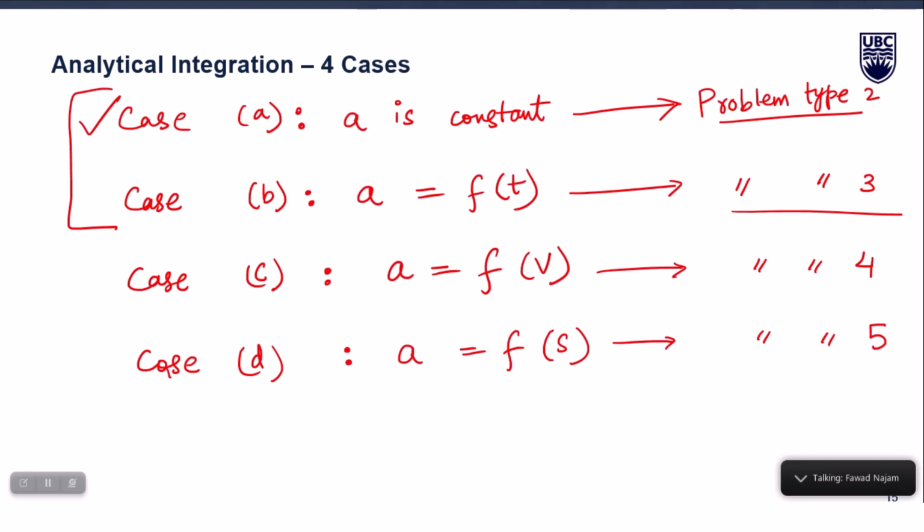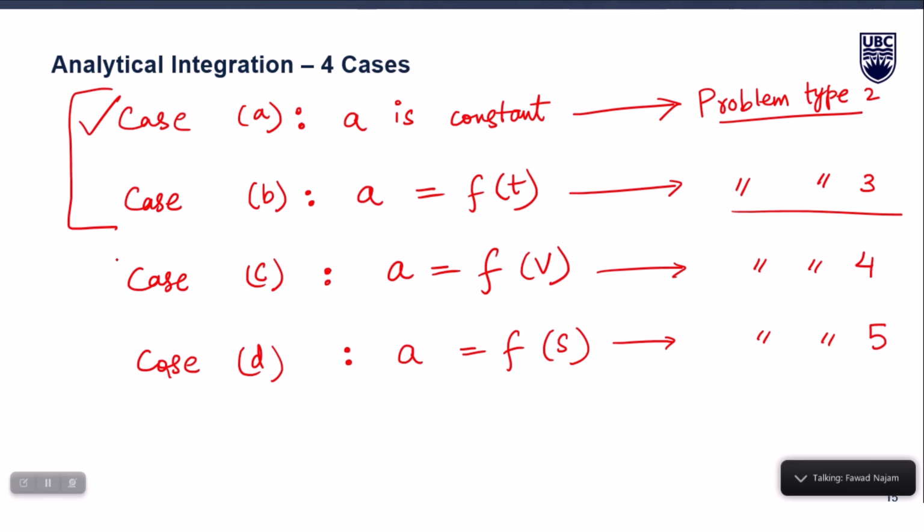Similarly, if acceleration is already given as a function of time, you should be able to evaluate that integral with respect to time, because it is already in the form of time.